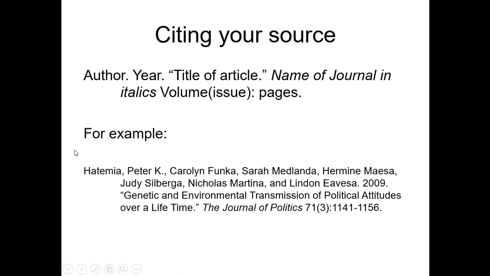We just want the author's name, and of course your references will be listed in alphabetical order, but the journal will have the lead author first, last name first, and then you list the rest of the authors, followed by the year that the article was published, followed by the title of the article, which you could put in quotations to bring that out as the title of the article, and then most importantly, the name of the journal in italics, because I can look at this source and immediately tell that it's a peer-reviewed journal source, followed by the volume, issue, and the page numbers of that journal article.